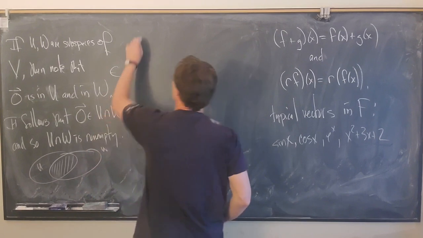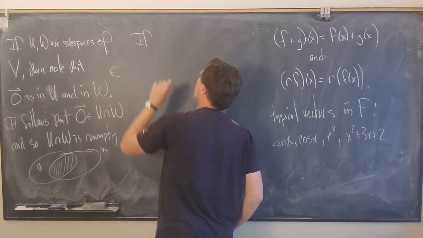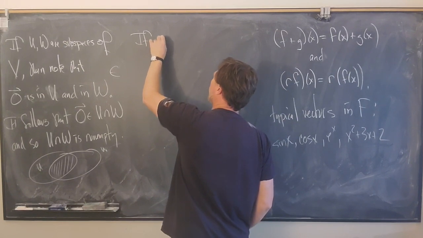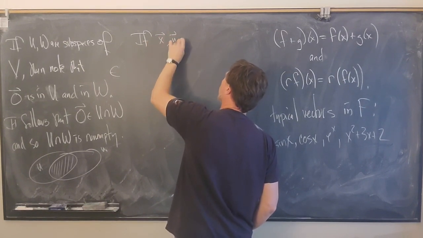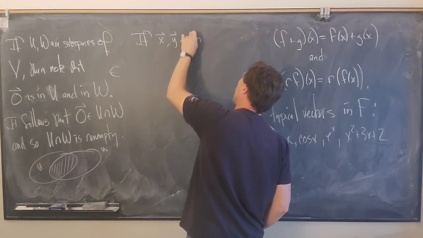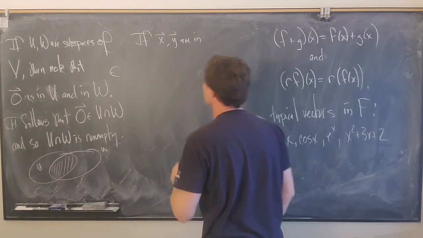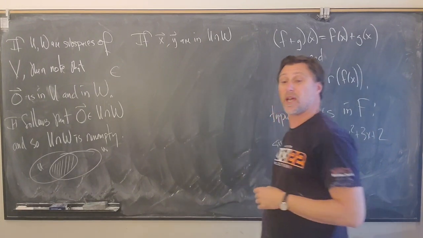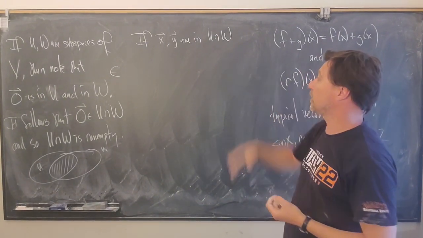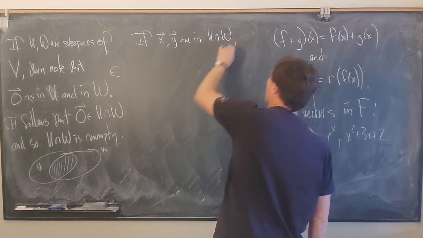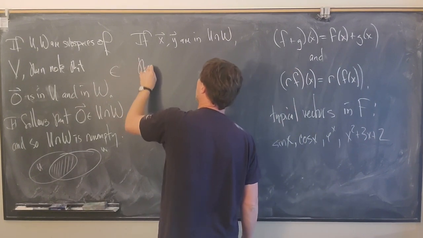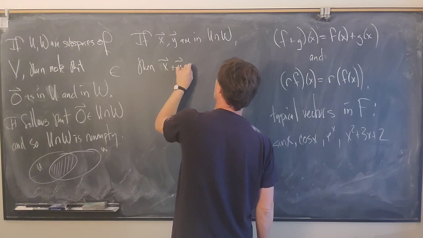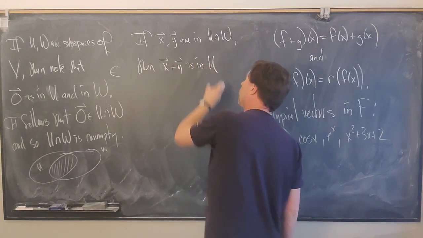Now, let's use X and Y. So if X and Y are in U intersect W, so I'm choosing a couple of vectors inside the intersection, then X plus Y is in U. Why is that?